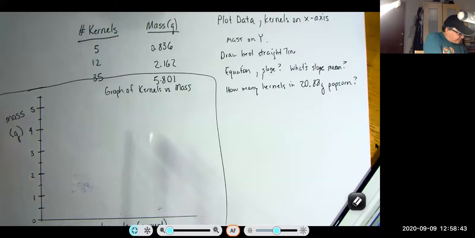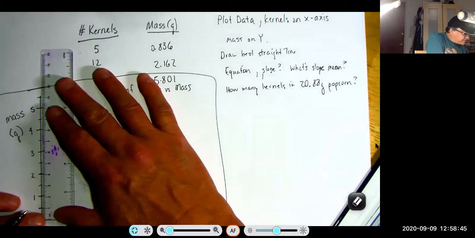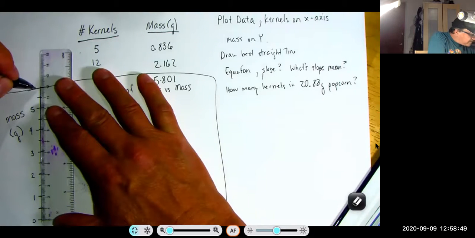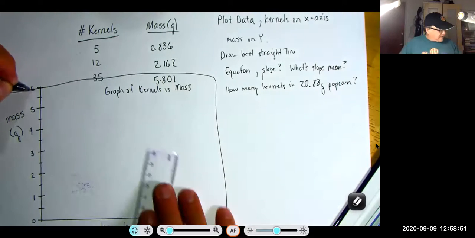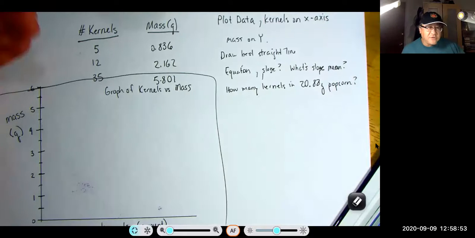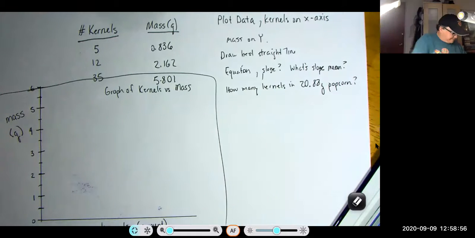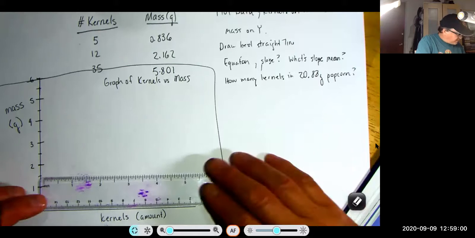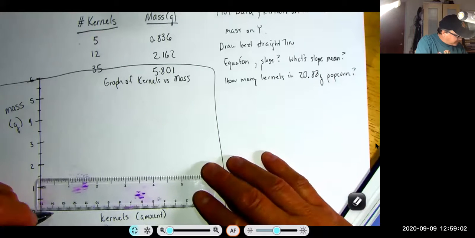And if I make my graph just a little taller, I want to make sure I use the full scale of the graph if I can. Okay, so here for the bottom part, let me put my tick marks in.